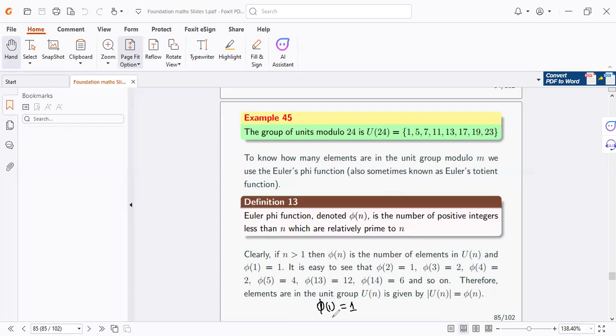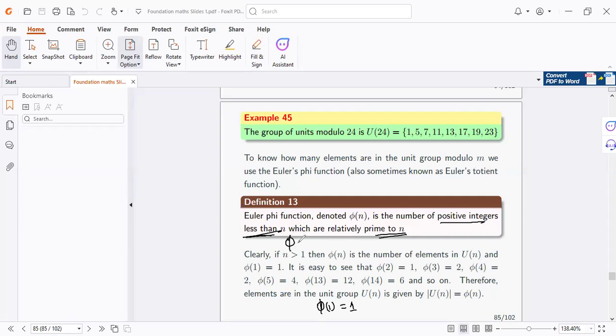You'll find out why the Euler-Phi of 1 is 1, yet the Euler-Phi of a number is supposed to be the positive numbers less than that number which are relatively prime to that number.